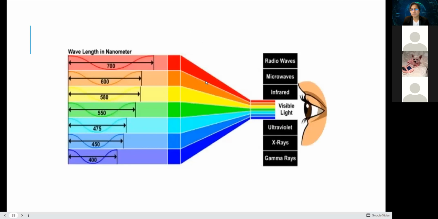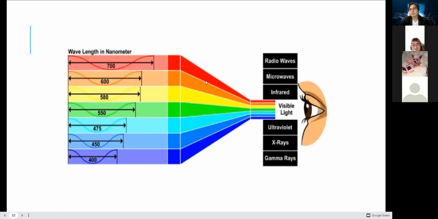If you look at the visible light, these are the arrangement of wavelengths, or the electromagnetic spectrum. We have radio waves, microwaves. Infrared is between microwaves and visible light. Visible light has a spectrum.